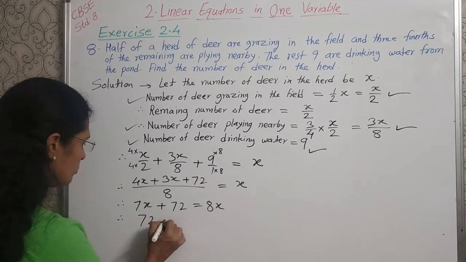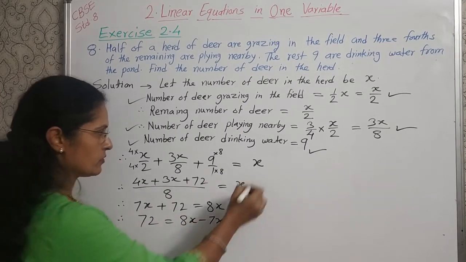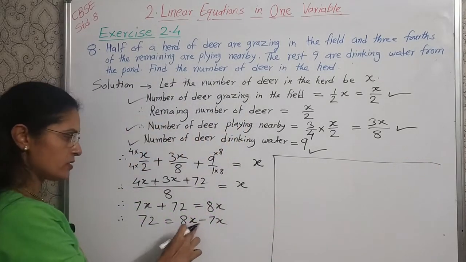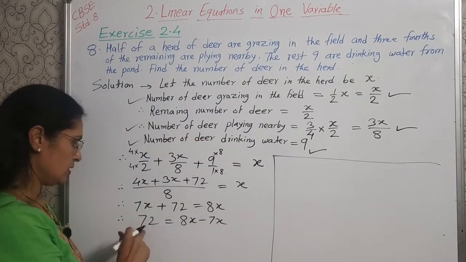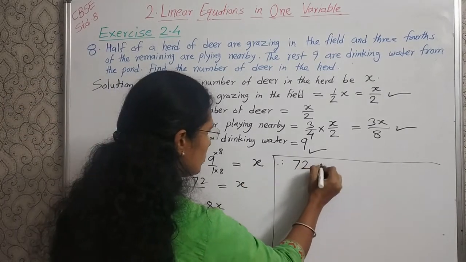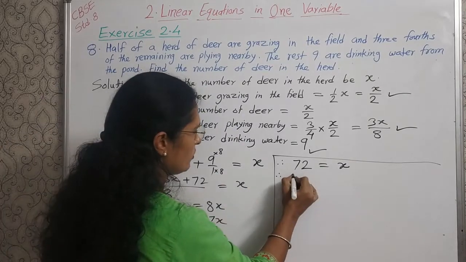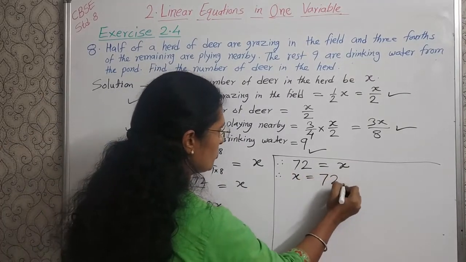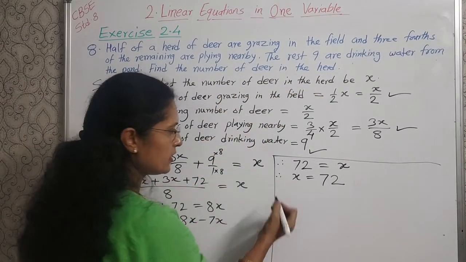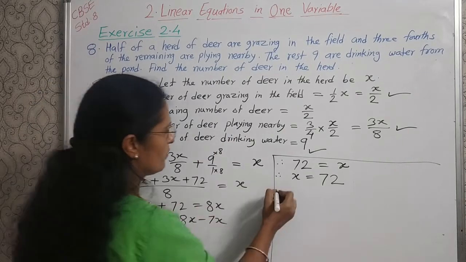So 72 is equal to 8x minus 7x, and 8x minus 7x is 1x, 72 is equal to 1x. It means we write only x, and therefore x is 72. And what is x? X is the number of deer in the herd, and that is our answer. 72 deer are there in that herd.